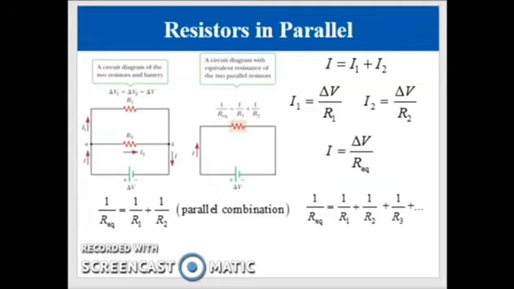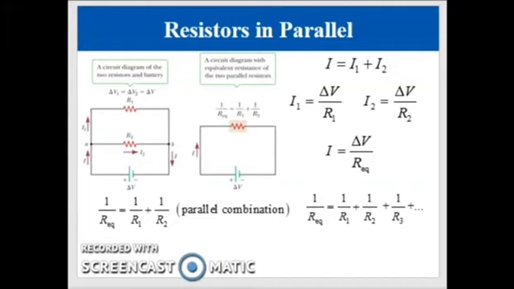Because charge is conserved, the current I that enters point A must equal the total current I1 plus I2 leaving that point. I equals I1 plus I2. The potential drop must be the same for the two resistors and must also equal the potential drop across the battery.